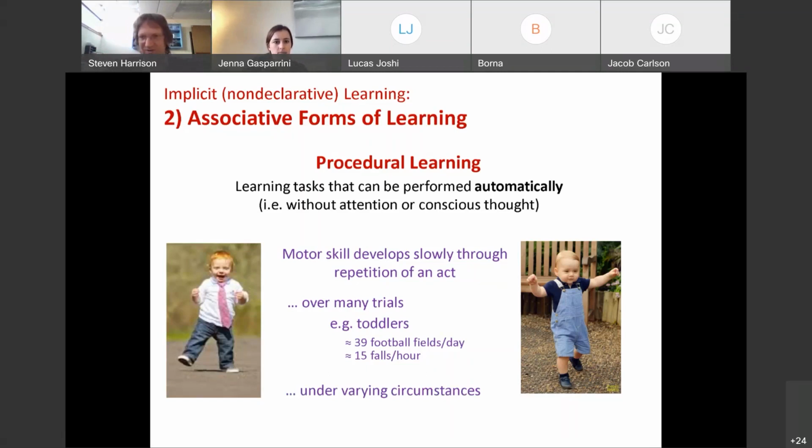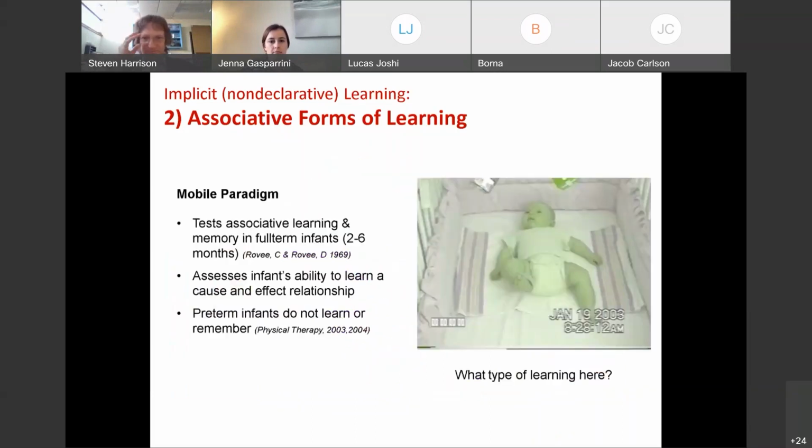In the clinic, the reality is that the experience you're going to get is going to be repeated under similar circumstances multiple times, unless you make a conscious effort to make sure that's not the case. And we'll be talking about motivations to do that later. But real world experience is often going to be under varying circumstances.